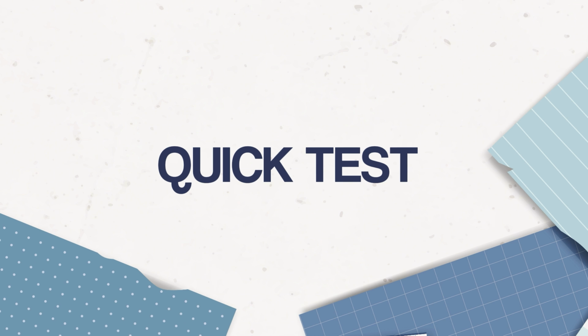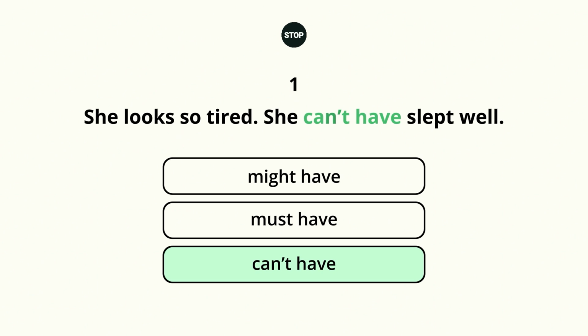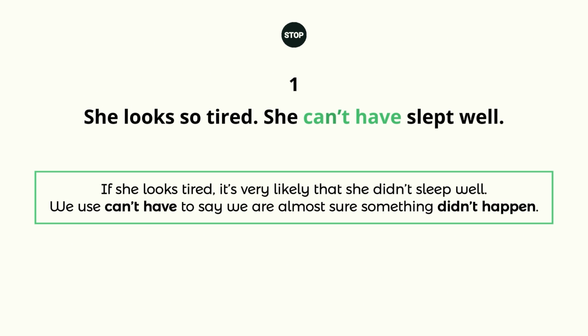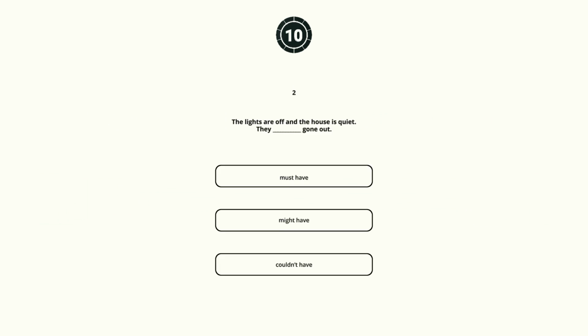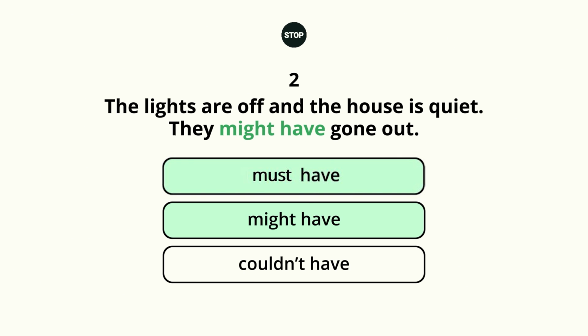Quick test. Let's check what you've learned. Choose the best option to complete each sentence. She looks so tired. She can't have slept well. The lights are off and the house is quiet. They might have gone out.